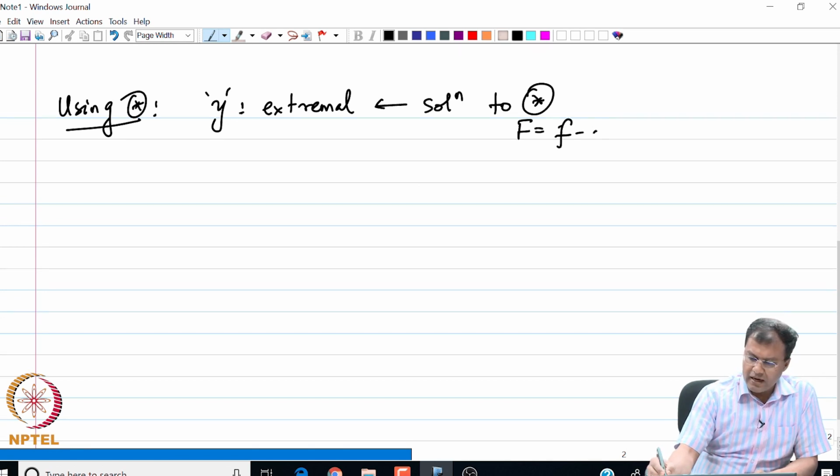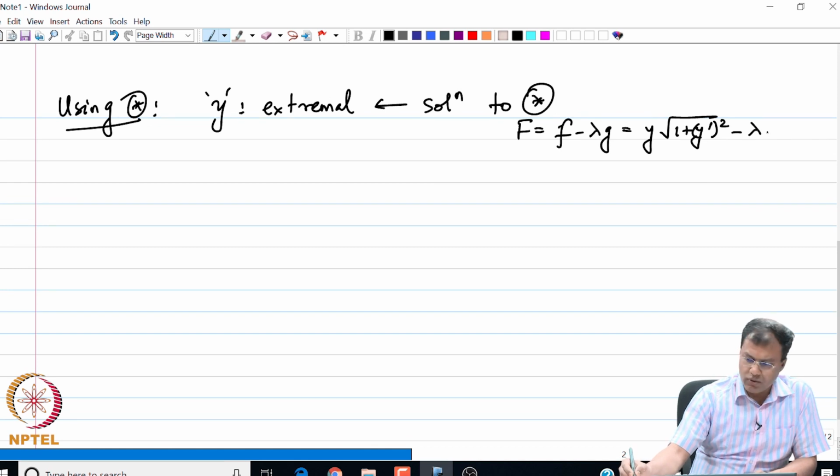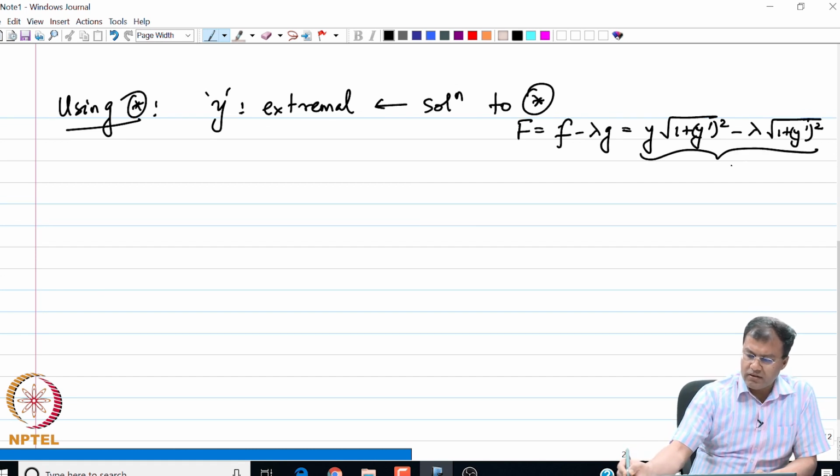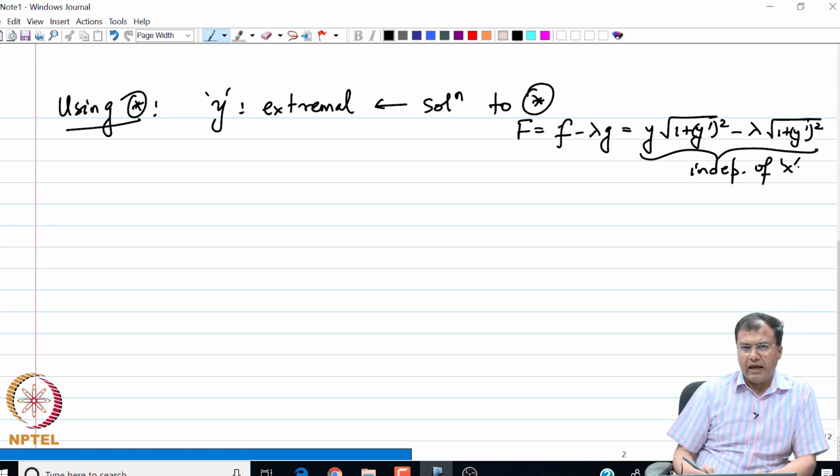It is f minus lambda g, which is also equal to y times square root of 1 plus y prime square minus lambda times square root of 1 plus y prime square. Notice that this quantity is independent of the independent variable, so it is independent of x explicitly.